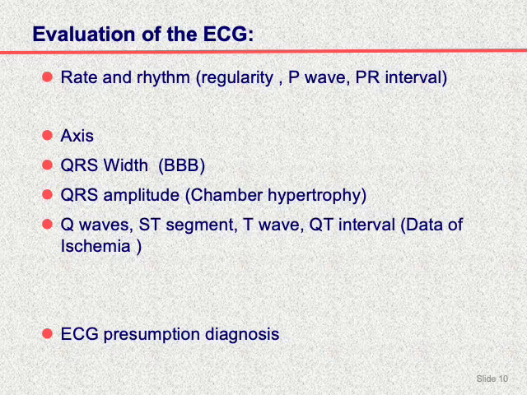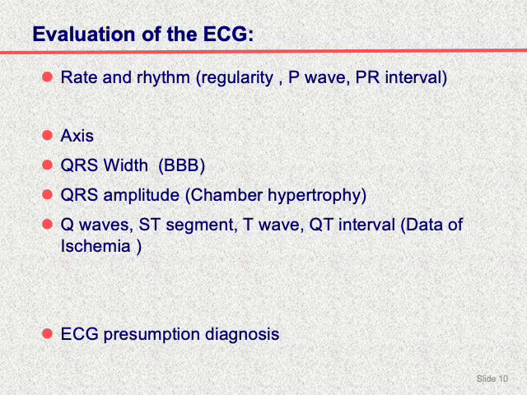The second item is A, B, C, D. A is axis, B is QRS width or bundle branch block, C is chamber enlargement, and this is through the QRS amplitude. And then D is data of ischemia: we revise the Q wave, ST segment, T wave, and QT interval. So you will memorize it in this way.